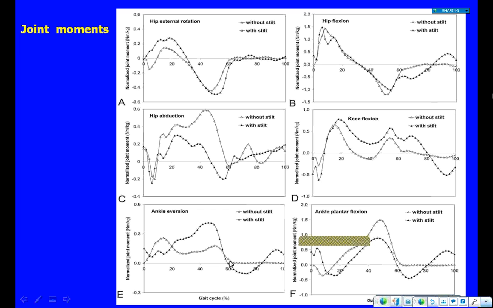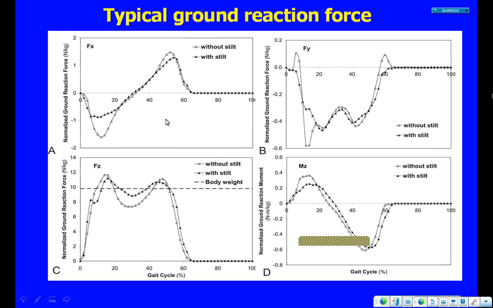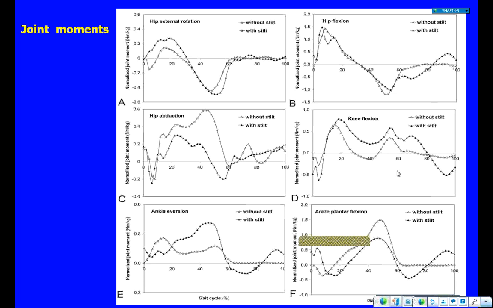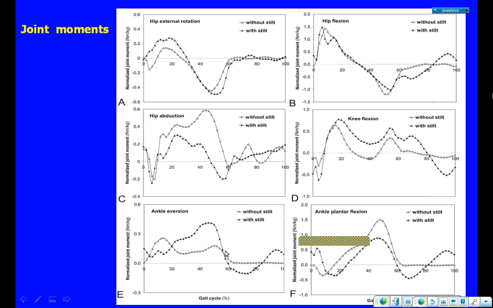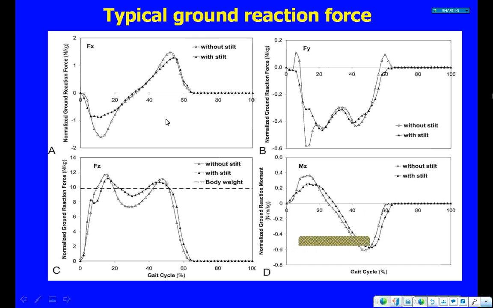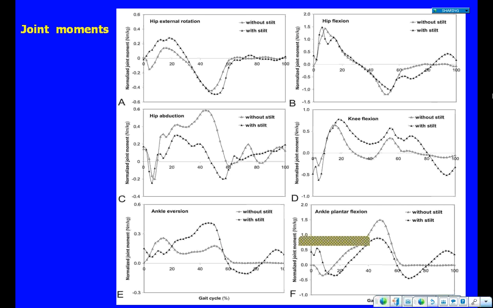Then second, the leg just swings as you walk. In the second phase, without stilts, there's no joint moment or very small joint moment. You can see here, because the leg is just a passive motion, just like a pendulum. But with stilts, there is still some joint moment. That's because stilts have a moment of inertia.